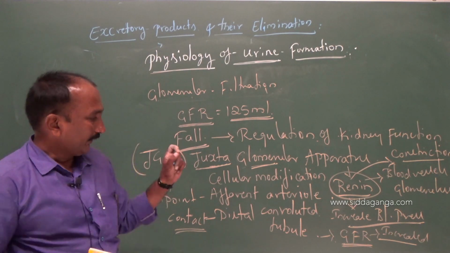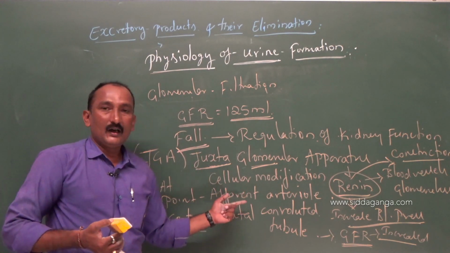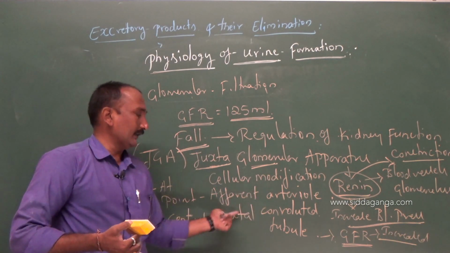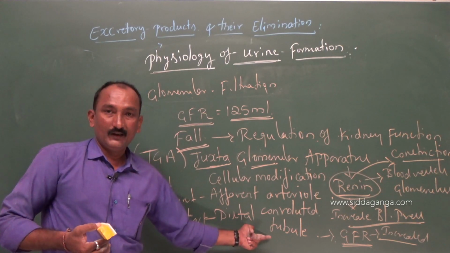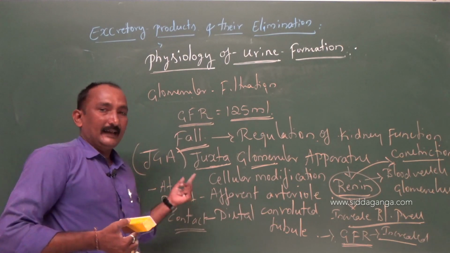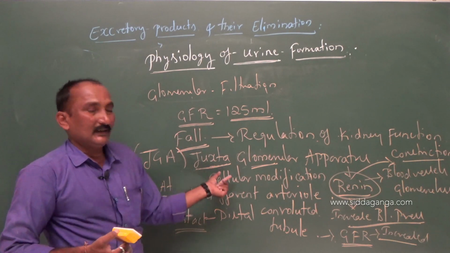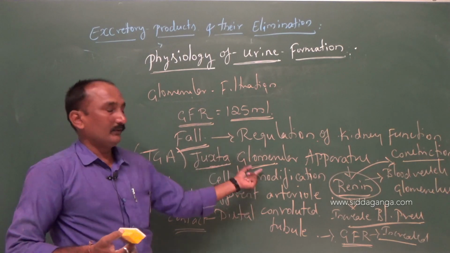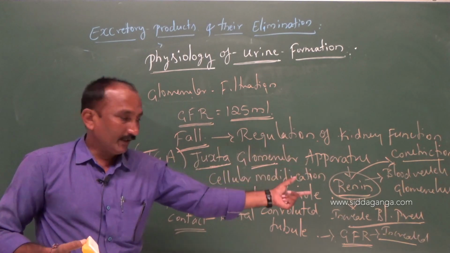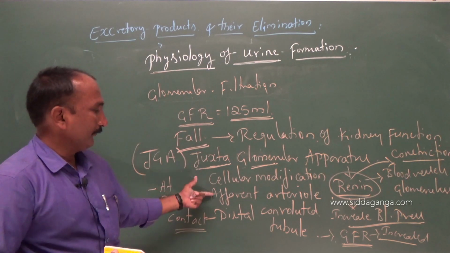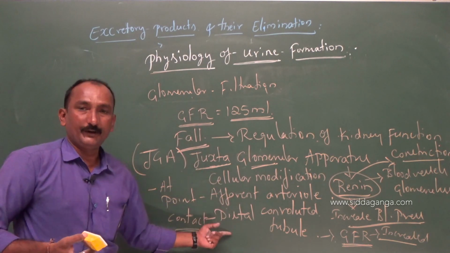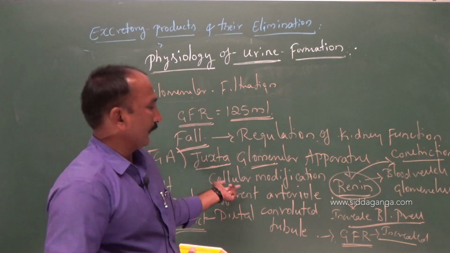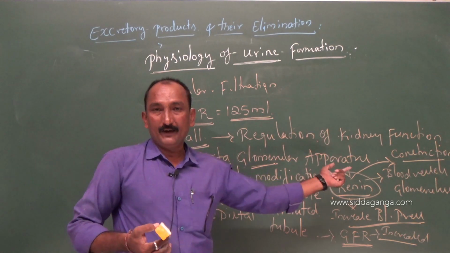You must know it is the cellular modification of two parts of the nephron, the afferent arteriole and the distal convoluted tubule. At the point of contact, they have some cellular modification. That is known as juxtaglomerular apparatus.